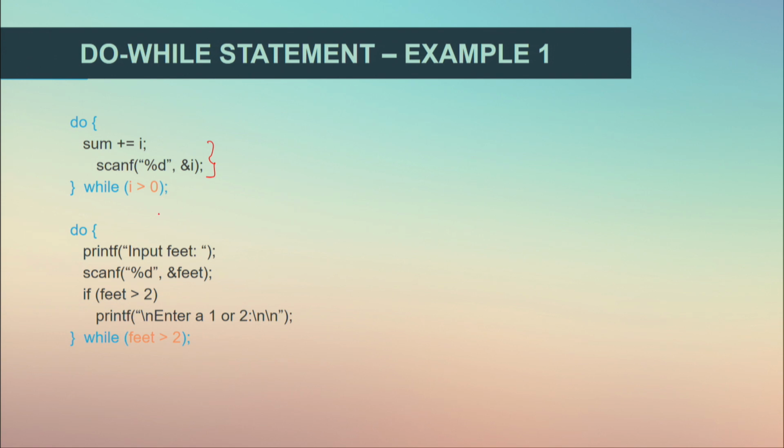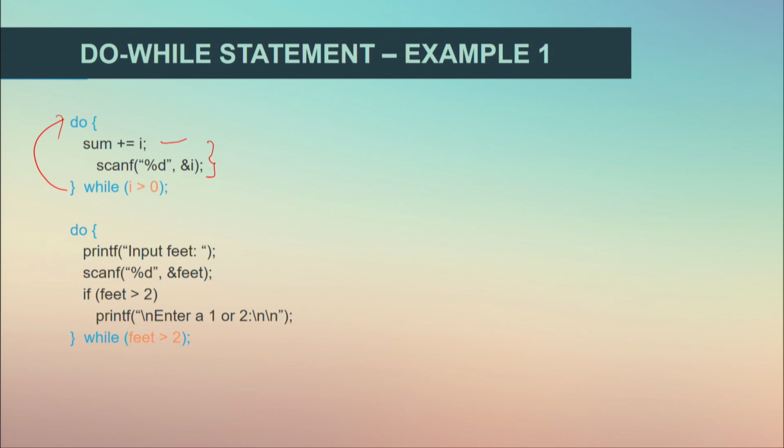We are allowing the loop to continue only when I is a positive integer, that is greater than 0. However, irrespective of whether the value of I is positive or negative, the first I value will be added to sum.